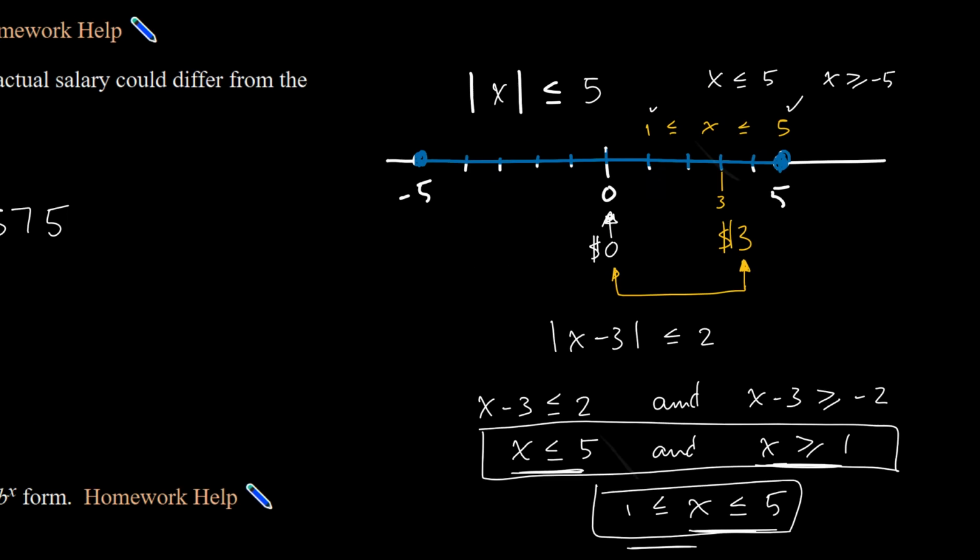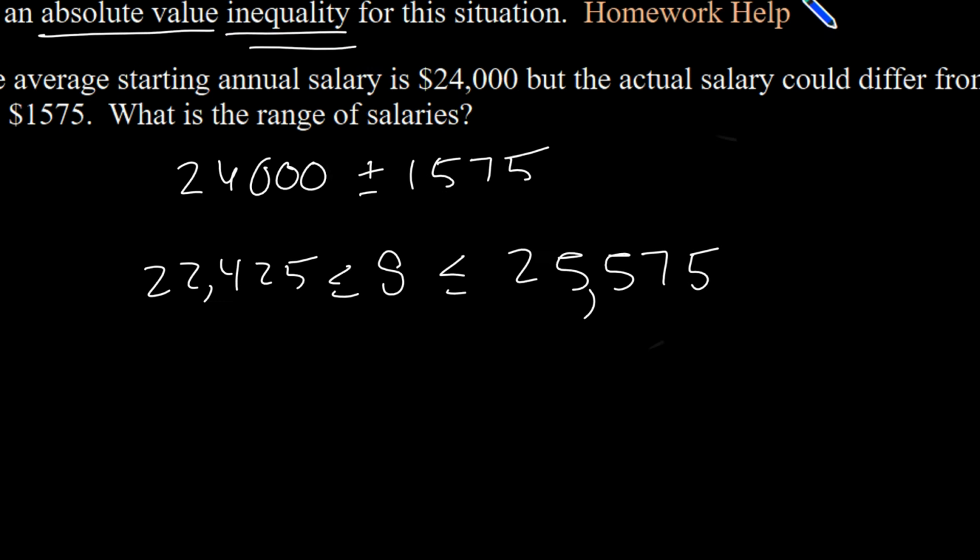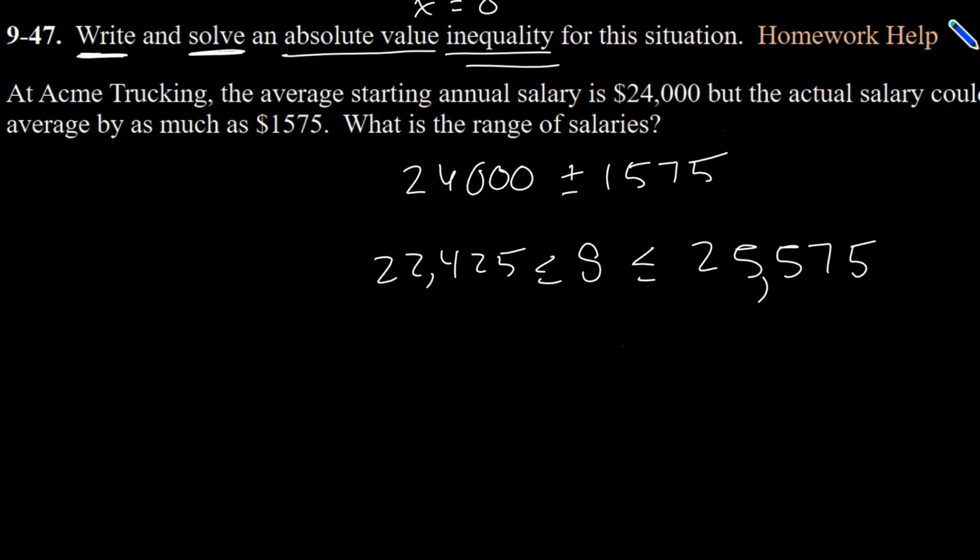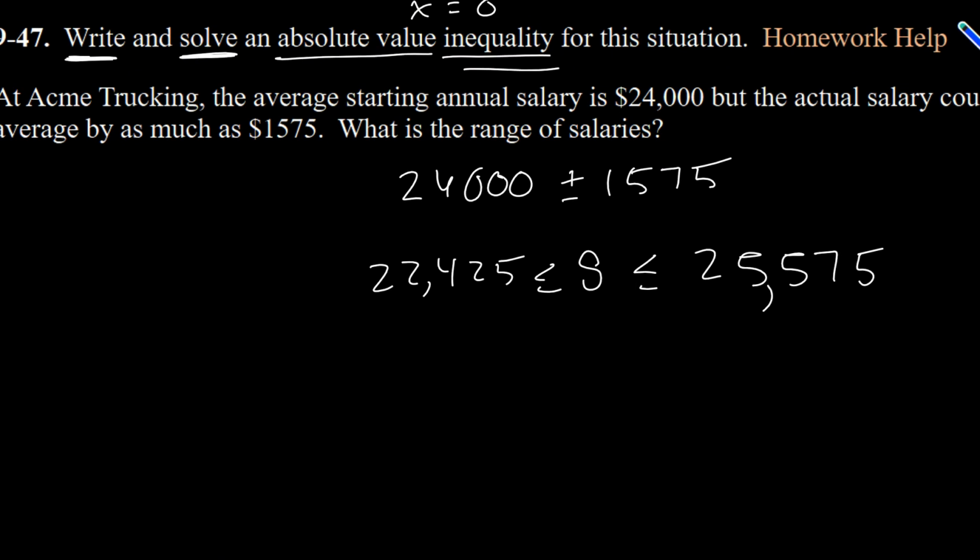Okay, so now how do we relate this to our problem here? How do we use those observations to write and solve an absolute value inequality? So the situation is this: we're at $24,000. We're going to take that and shift it all the way back to the origin. So we're going to say X minus $24,000.